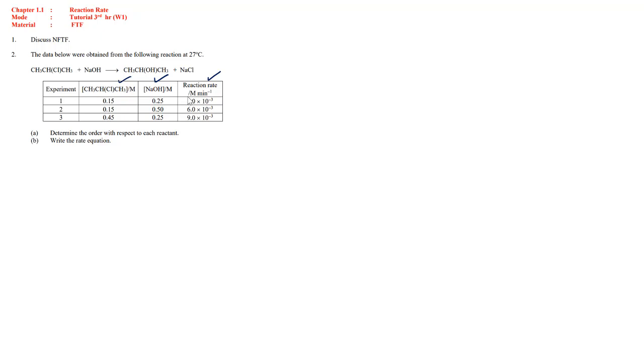Okay. Bila kita nak gunakan initial rate method, kita akan guna compare rate dan kita akan refer kepada rate law juga. Okay, macam mana nak buat? First sekali, kita refer kepada balance equation ini.